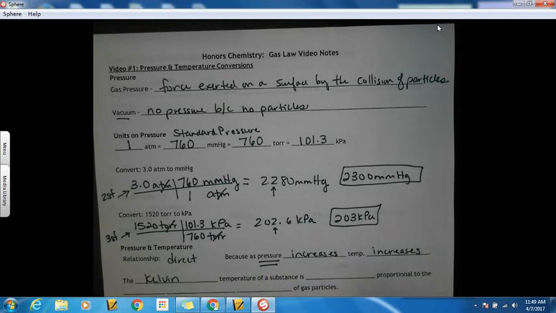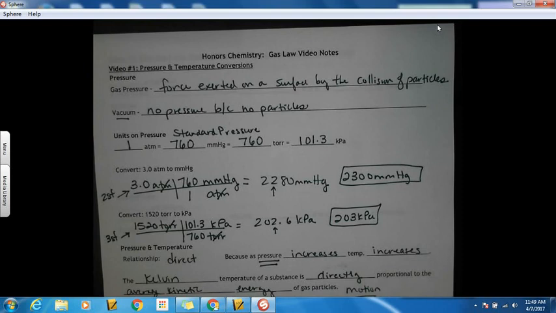The Kelvin temperature, which is the unit that we use to measure temperature in for gases, is directly proportional to the average kinetic energy of gas particles, which relates to their motion.